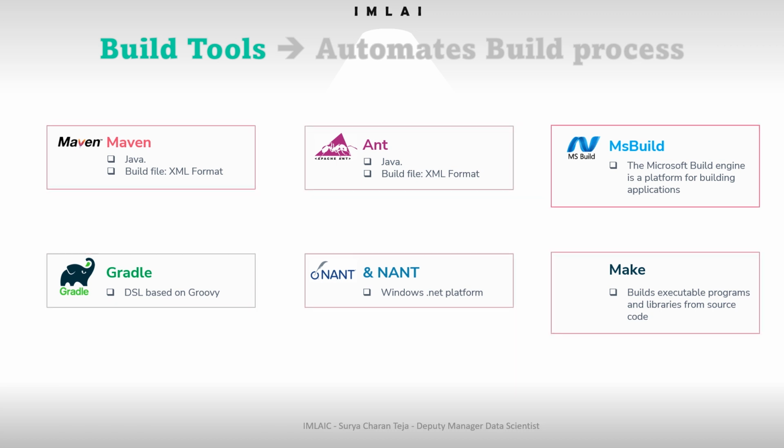In that case, I would go for Maven because of less scripting, whereas Ant has complicated scripting, and I won't go for Gradle because it's a DSL based on Groovy, which is a bit complicated scripting. So we have to decide on certain factors, but it makes your life easy by automating your build process.